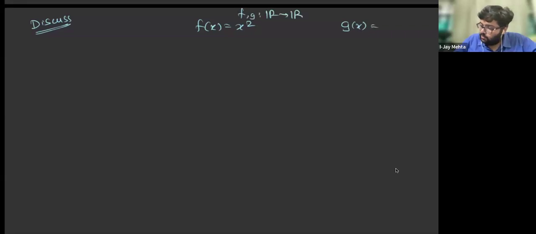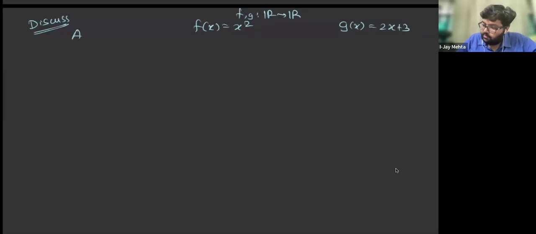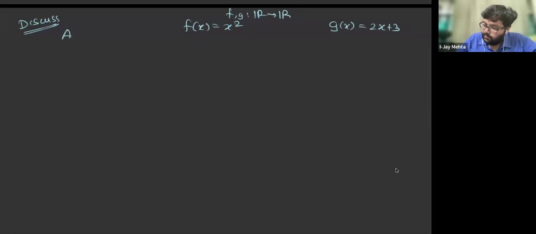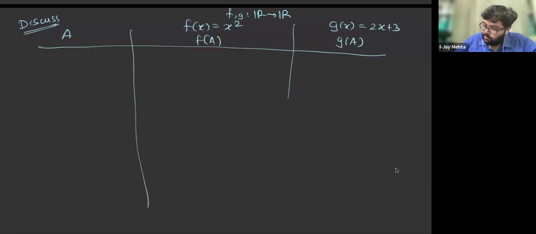And I'll give you sets A. You have to find f of A and g of A. I'll give you some sets, but you can take your own also. A is, let's say, a singleton 0, or some finite set, maybe 0, 1, minus 1.